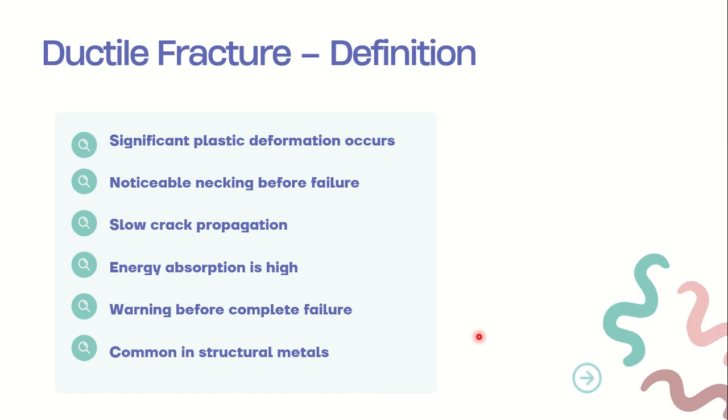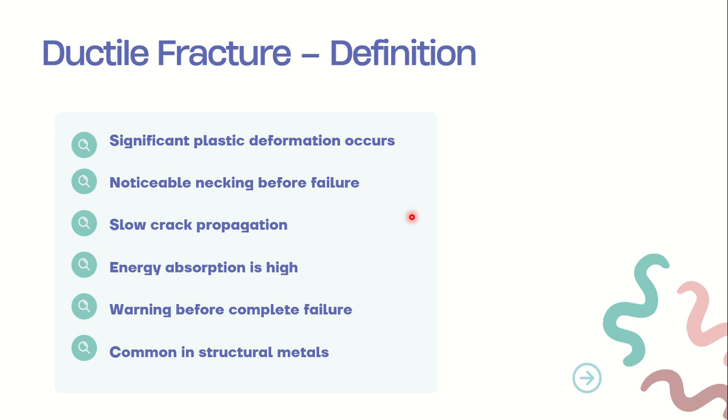Ductile fractures. We're going to see the ductile fracture. Significant plastic deformation occurs; plastic deformation is very essential for the ductile fracture. There is noticeable necking before failure. We will see the necking before failure only in ductile fracture.